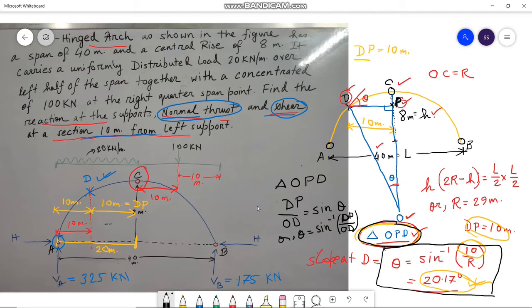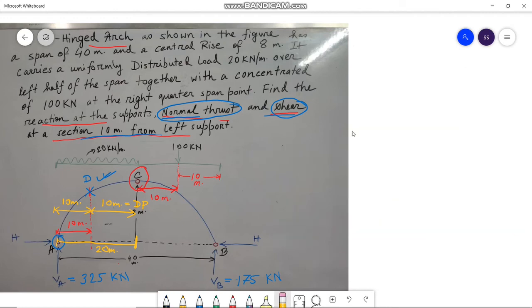Then we put the value of dp and we get 20.17 degree. As we have already mentioned, dp equals to 10 meter and OD is the R, that is 29 meter. So we have calculated the value of theta.